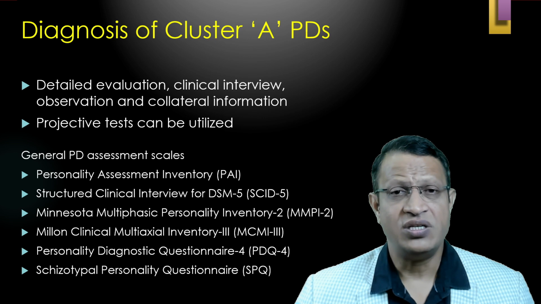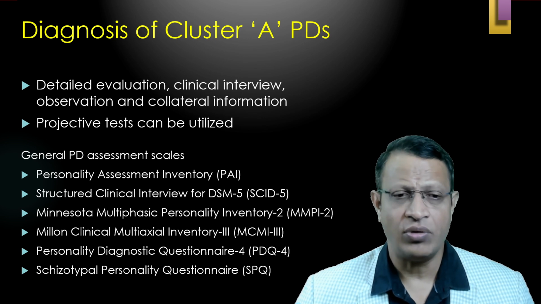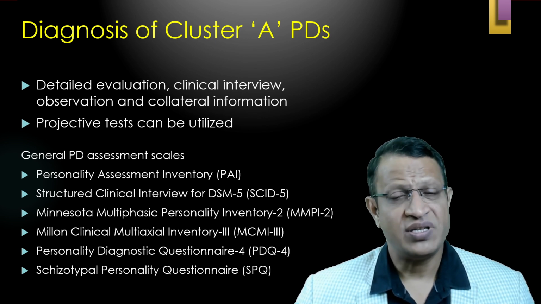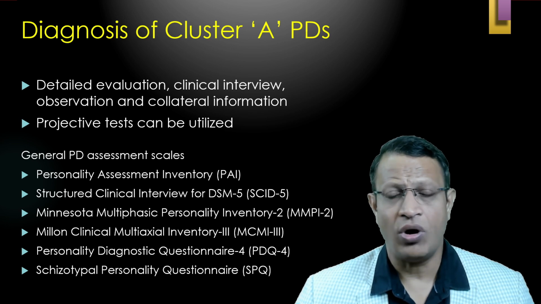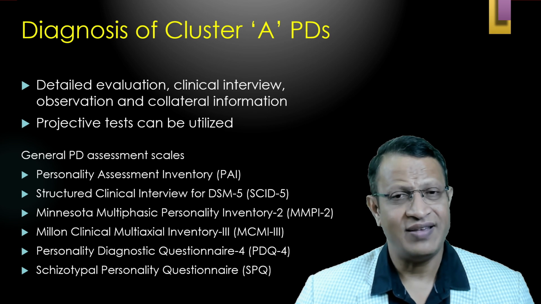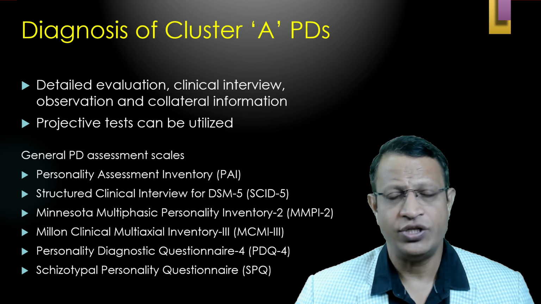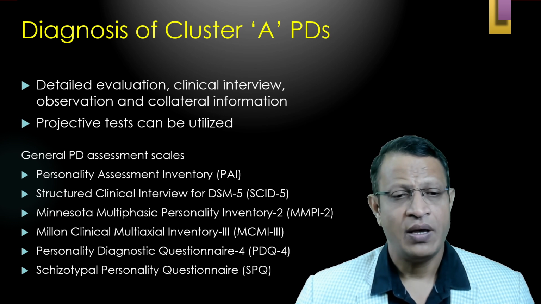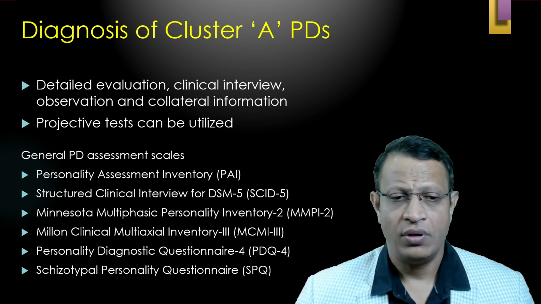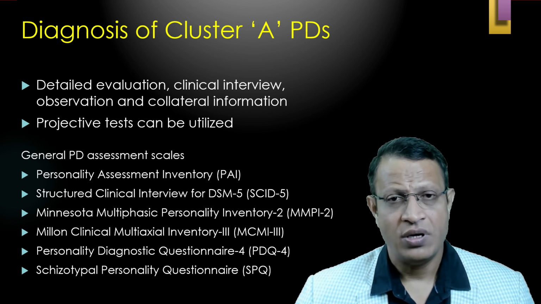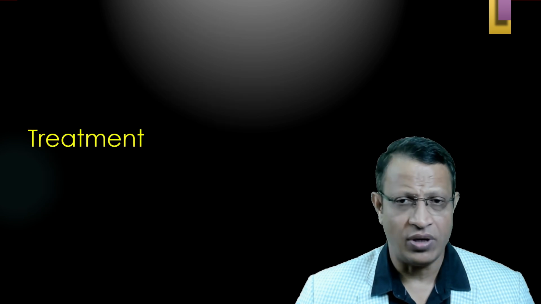Invariably, general personality disorder scales can be utilized, such as the Personality Assessment Inventory, which is called PAI, the Structured Clinical Interview for DSM-5, that is SCID-5, the Minnesota Multiphasic Personality Inventory-2, that is MMPI-2, the Millon Clinical Multiaxial Inventory-3, and the Personality Diagnostic Questionnaire-4. The Schizotypal Personality Questionnaire, which is very specific for schizotypal personality disorder, can also be utilized.